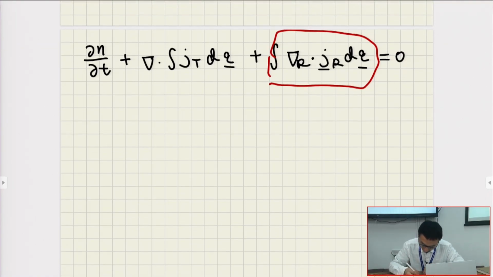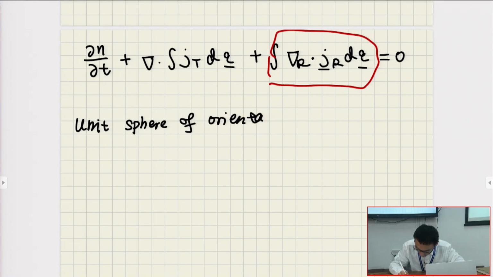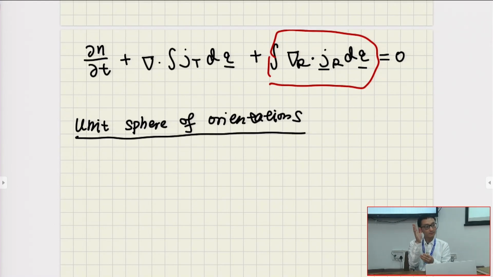The way I find the easiest to think about this is to think about a unit sphere of orientations. So I have a body fixed unit vector that describes the orientation of a particle, right?